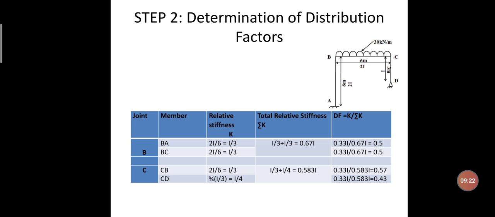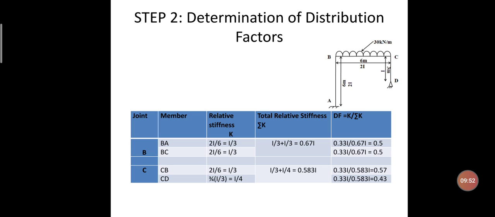So if I consider B as the joint and BA as the member, A is the farther end for B. In my previous lecture series I discussed how to take the relative stiffness when the farther ends have different support conditions.